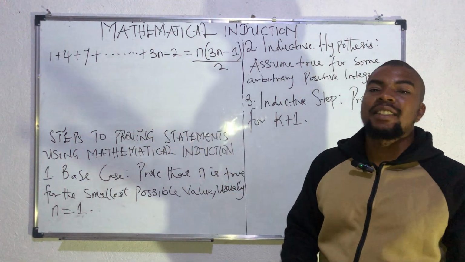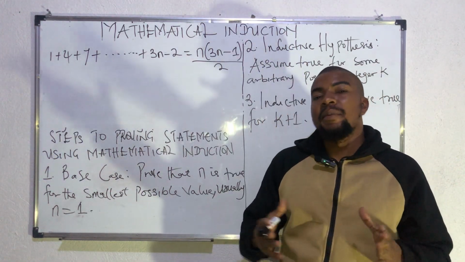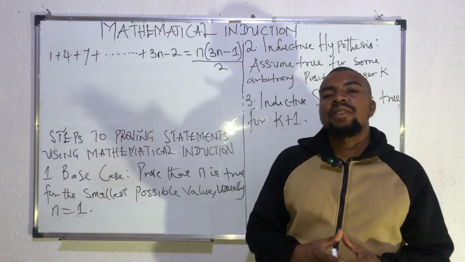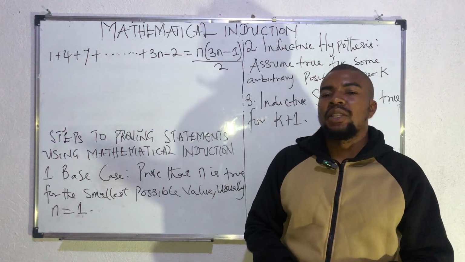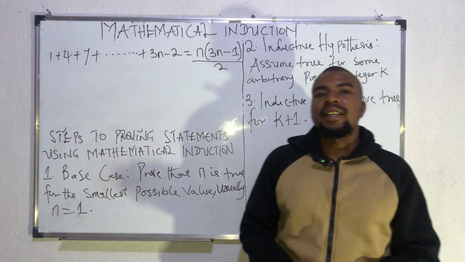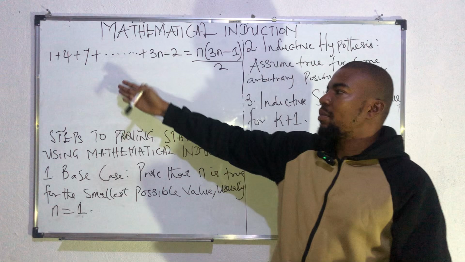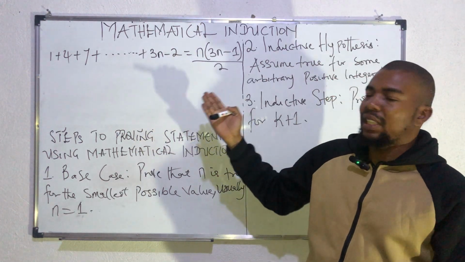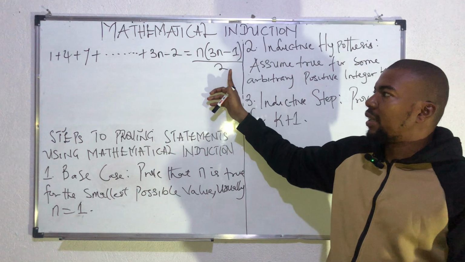Mathematical induction is simply a technique or a method used in proving the correctness of mathematical statements for all positive integers. As you can see, written on the board before me is a mathematical statement where you have the left part and the right part.